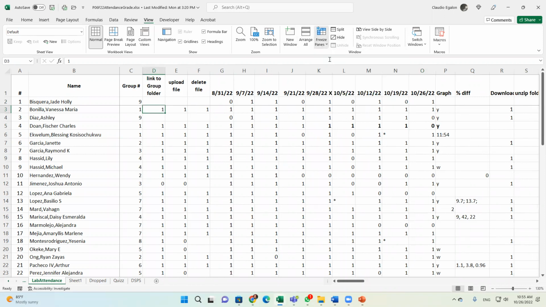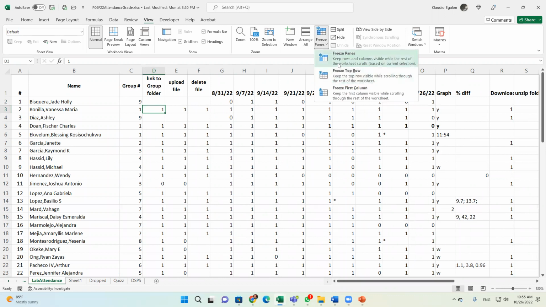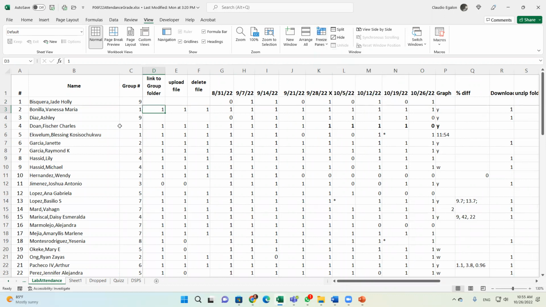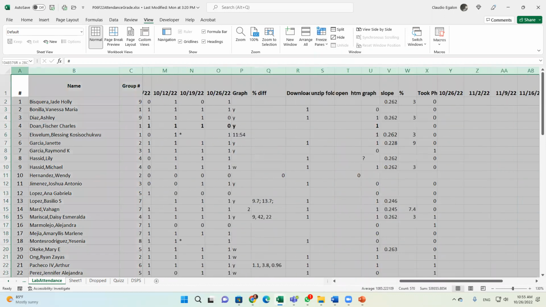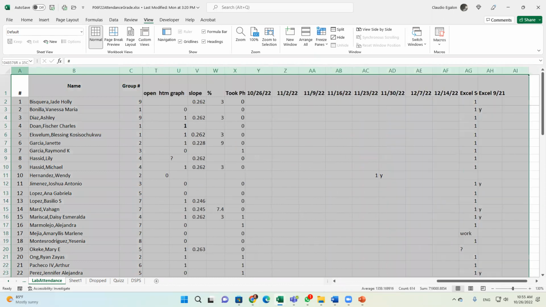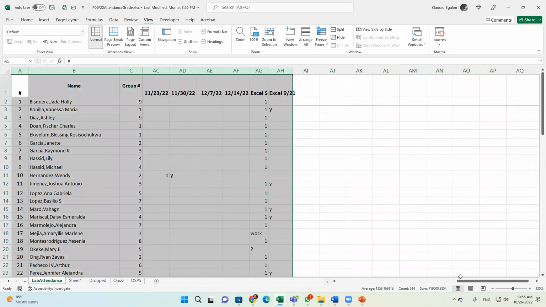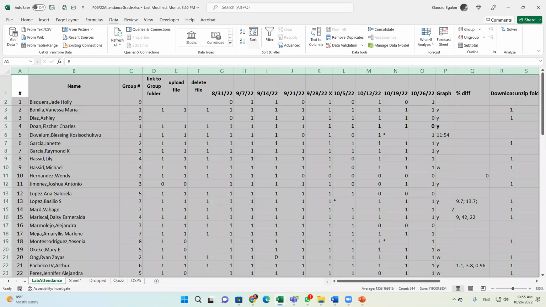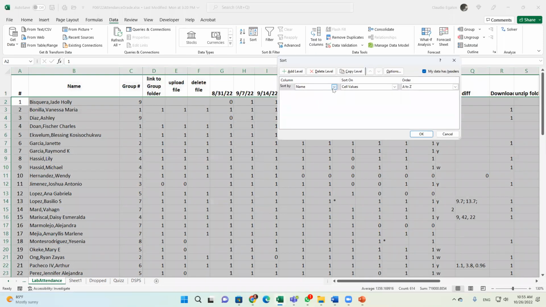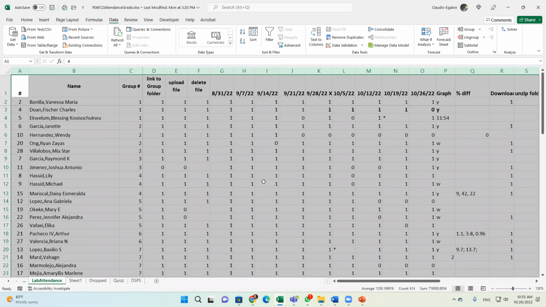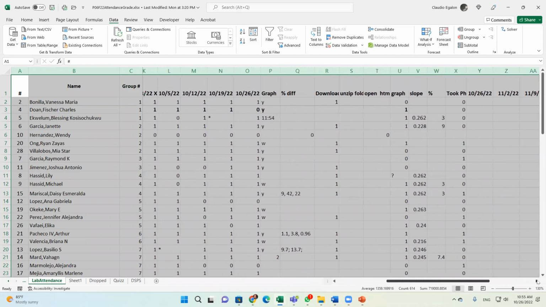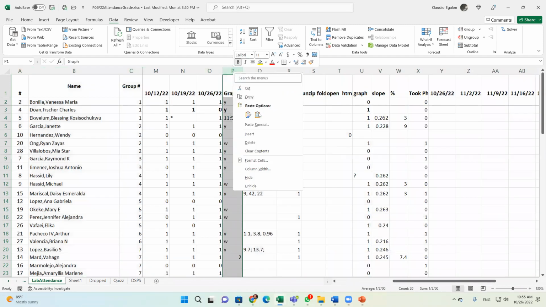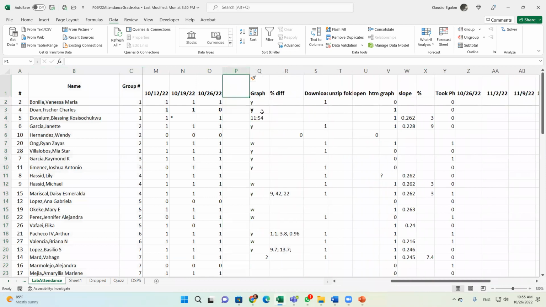View, freeze pane, freeze pane. Good. Now data, sort, group number, cell values. Good. 26. Insert right in here.